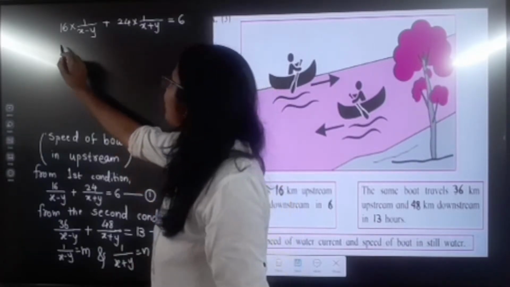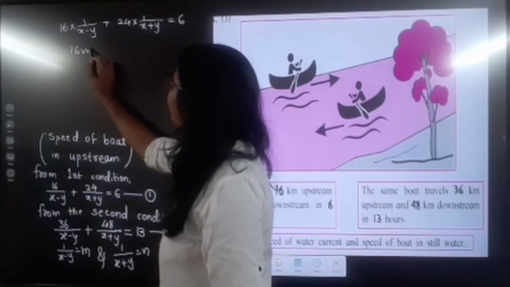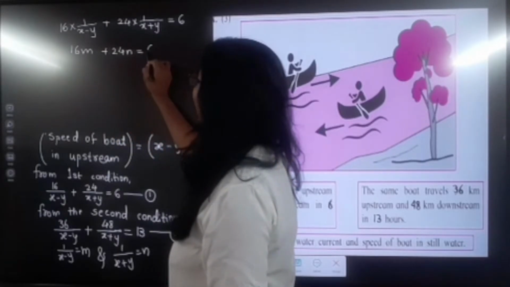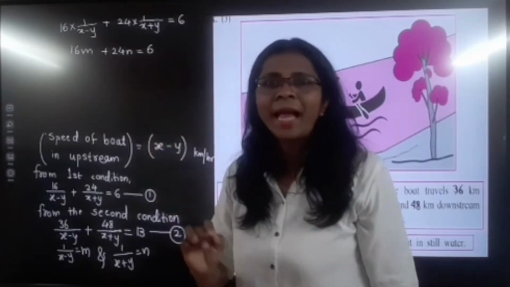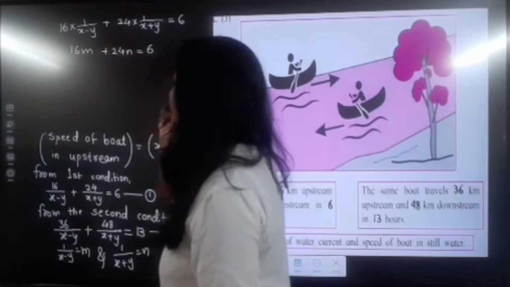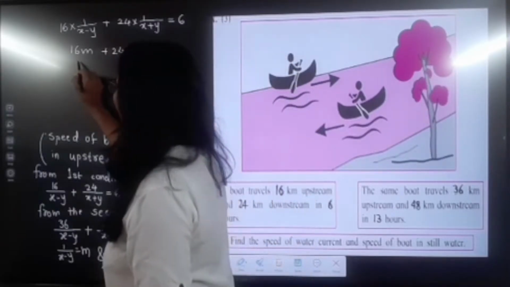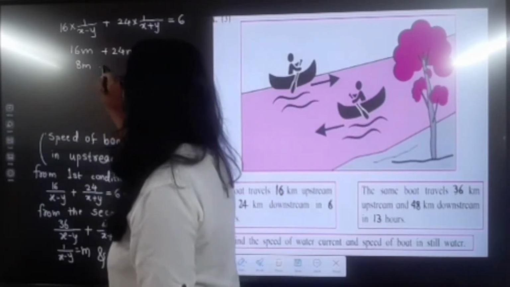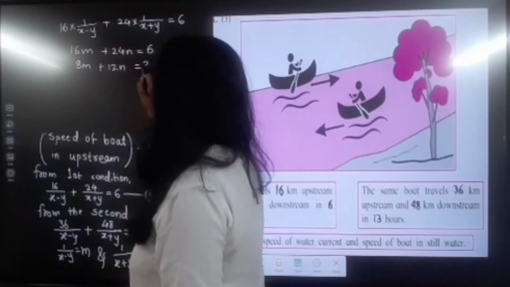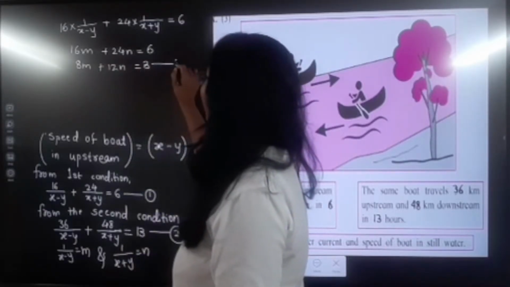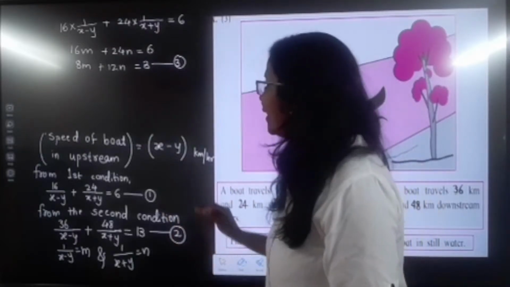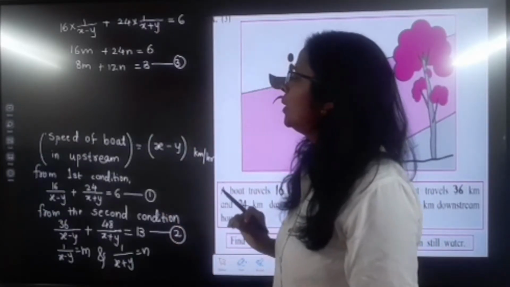So the equation becomes 16m plus 24n is equal to 6. Here we can simplify it, students, by dividing both sides by 2. So 8m plus 12n is equal to 3, and you may call it the third equation. It becomes a very simple equation.